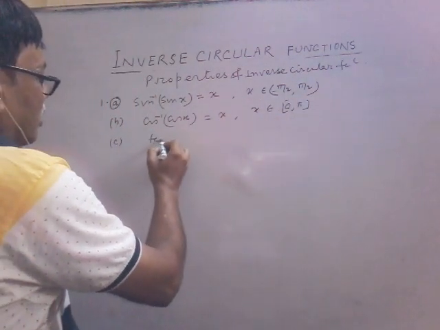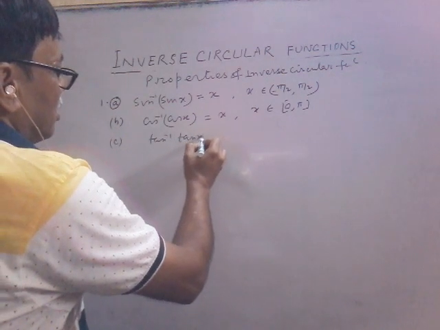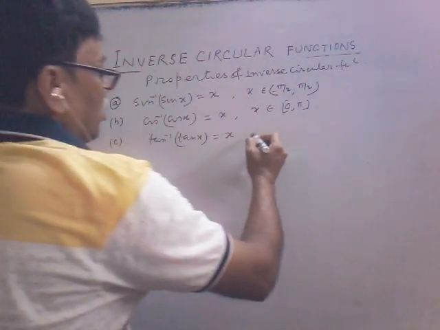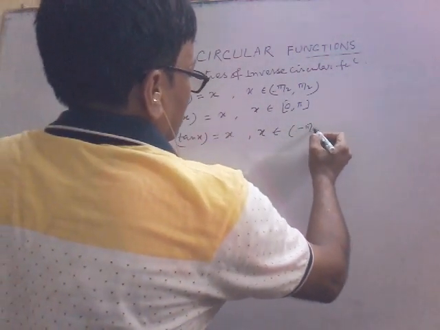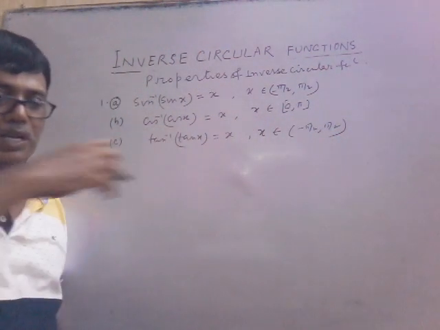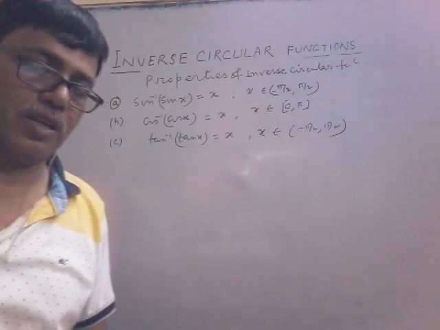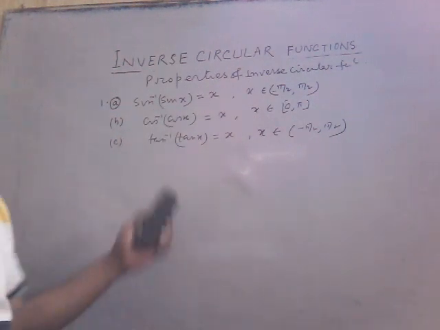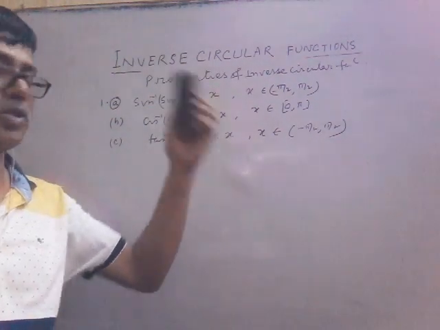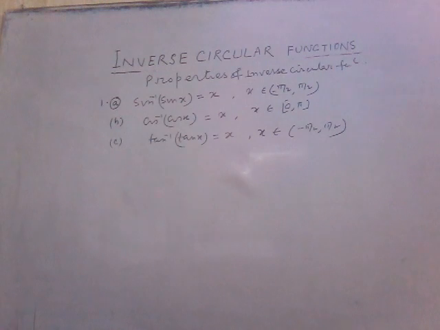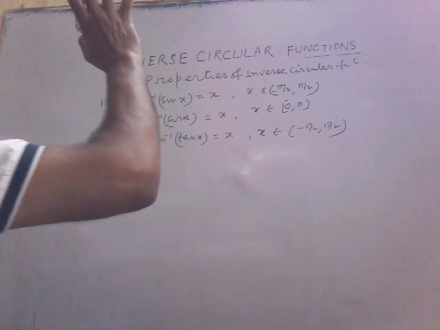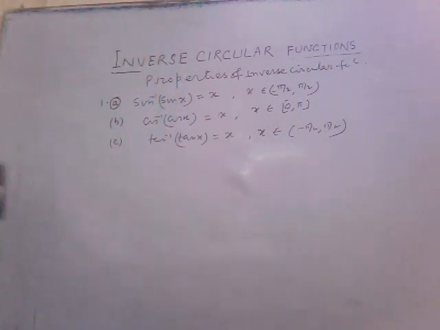Tan inverse tan x equals x, x belongs to minus pi by 2 to plus pi by 2. Similarly, you get cot inverse cot x, x belongs to 0 to pi. So very simple proof. If you take sin inverse sin theta, this is an angle equal to capital A, you can easily prove it.